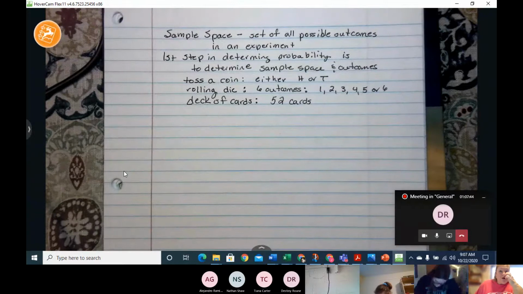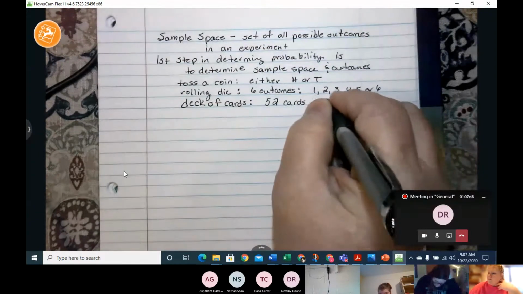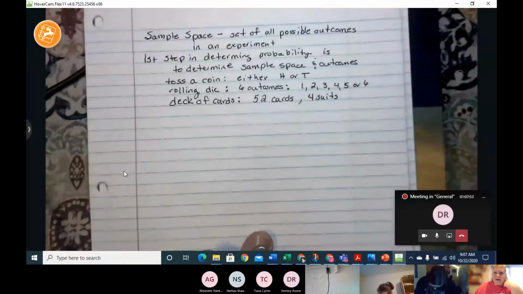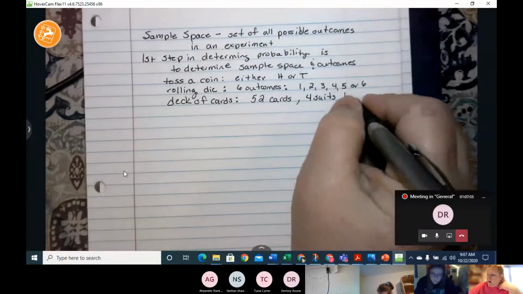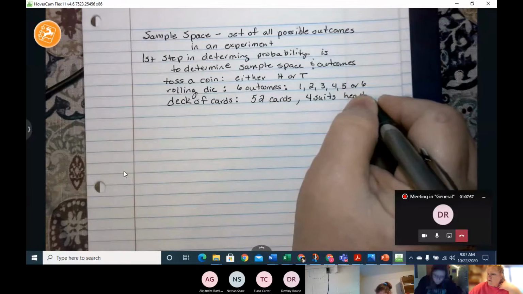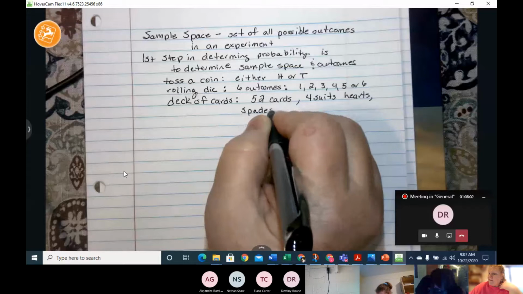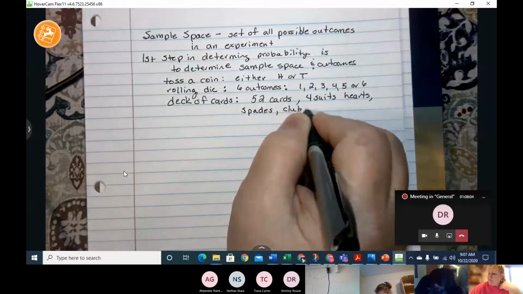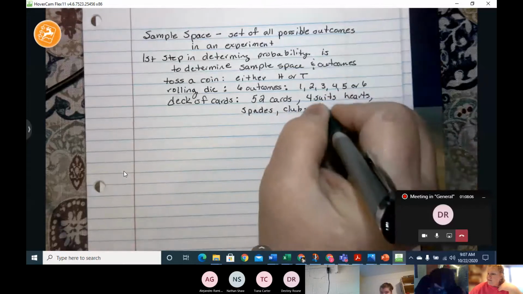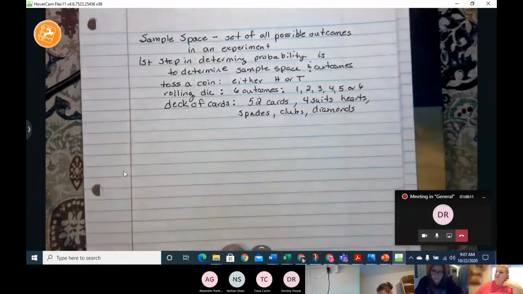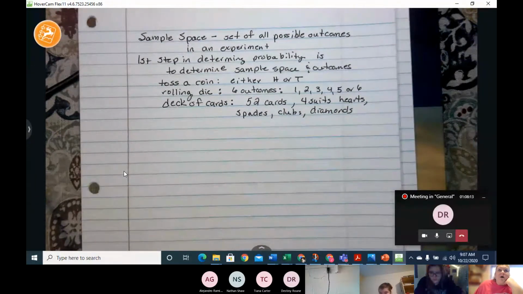So we're talking about a deck of cards without the jokers. There are 4 suits in that deck of cards. There are hearts, spades, and diamonds.